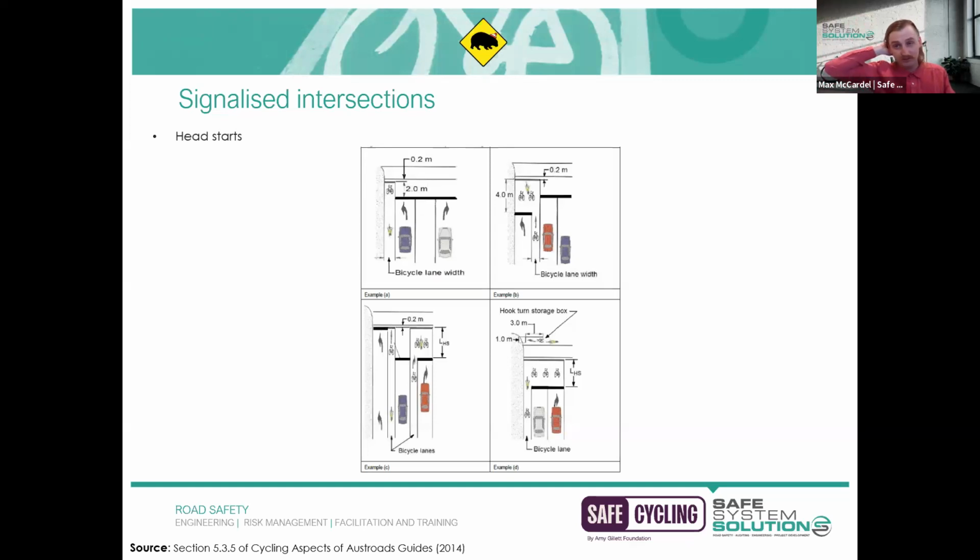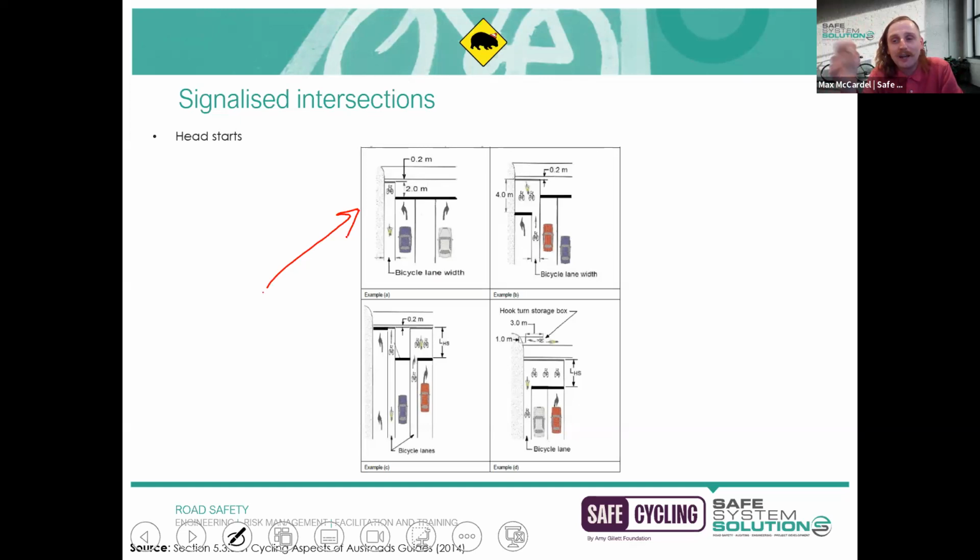Austroads, they've got a few different configurations of this: example A, B, C, and D. There's some specific guidance for each of those for when you may be looking at implementing them.